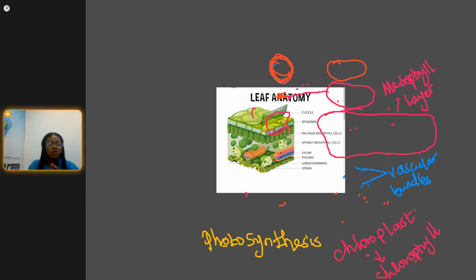We are going to be discussing the importance of each of these components one after the other. We have actually discussed that, so we are going to use a tabular form just to recap everything we have discussed. So I'm going to wipe off the board now. I hope we understand what is there, and I can wipe it off.